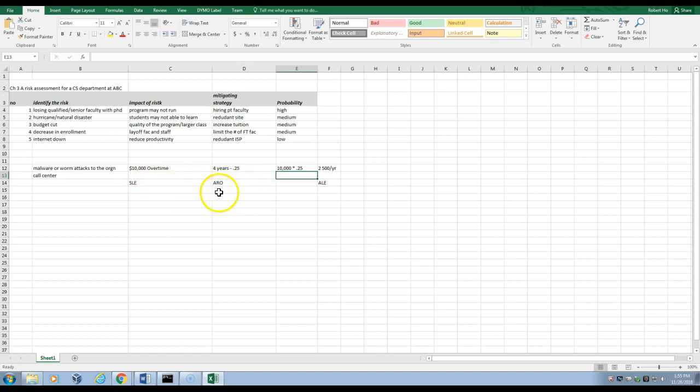And the ARO is 0.25 because the possibility of occurrence is every 4 years. So 10,000 multiplied by 0.25 is equal to 2,500 ALE.